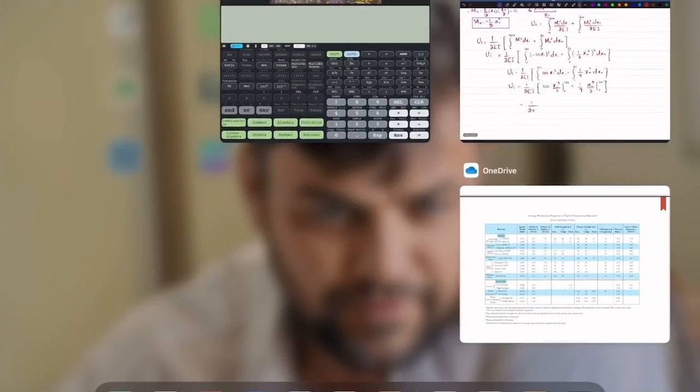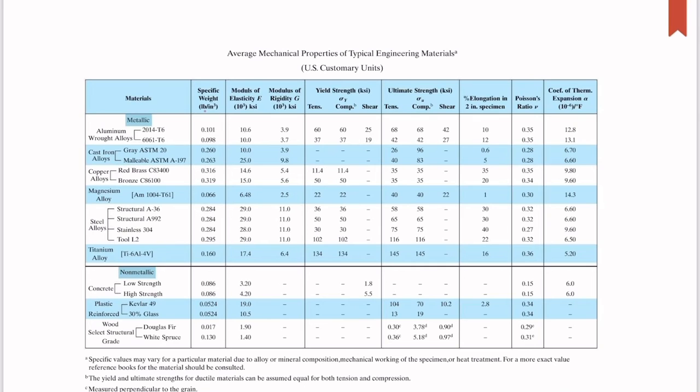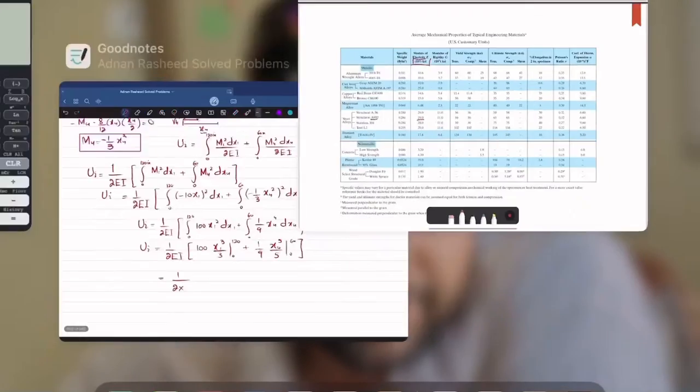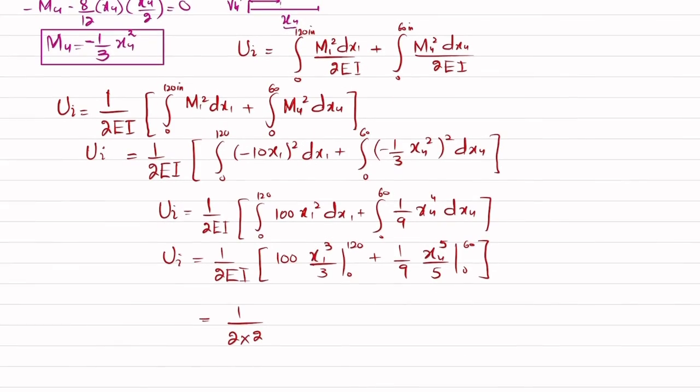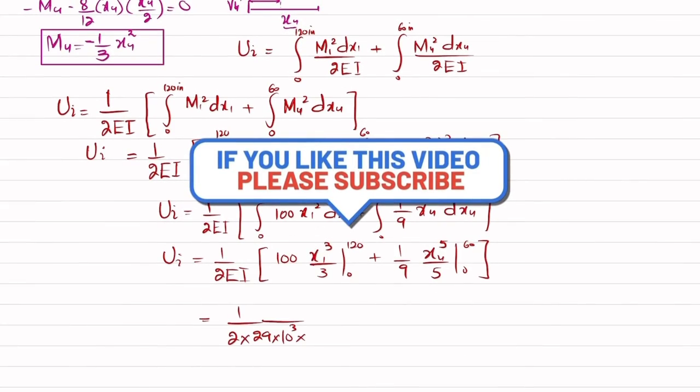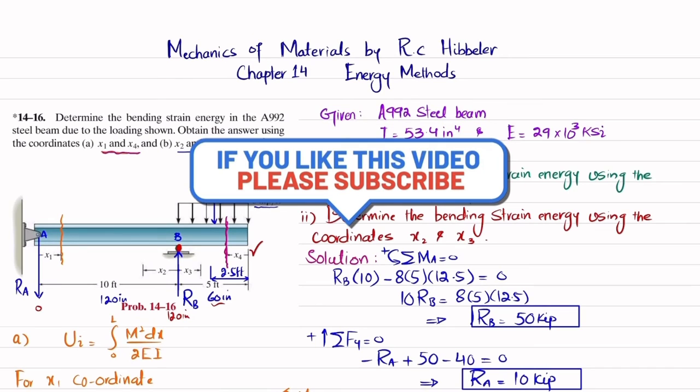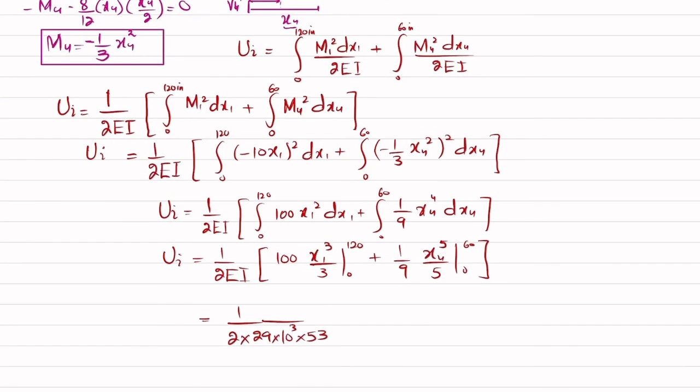From here you can see the E value for A992 steel is 29 into 10 to the power 3 ksi. I is also given, which is 53.4. So 53.4 multiplied by 100 over 3 x1 cube, from 0 to 120, plus 1 over 45 into x power 5, with limit from 0 to 60.